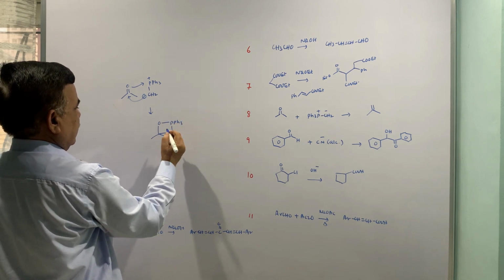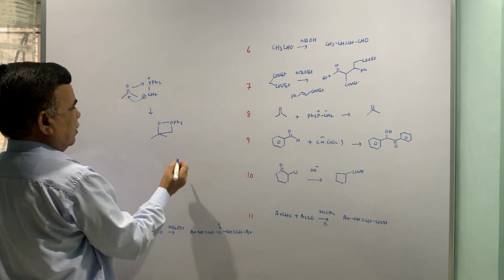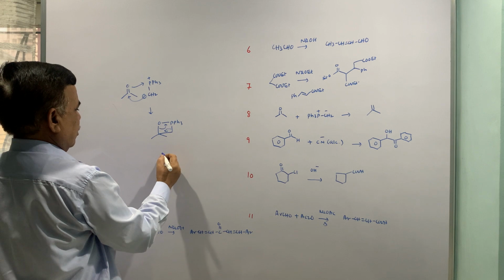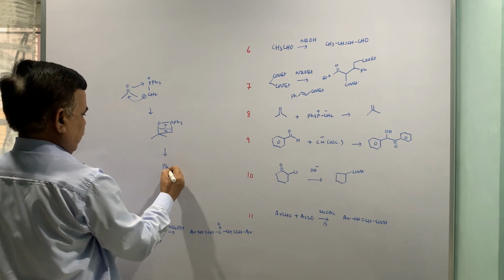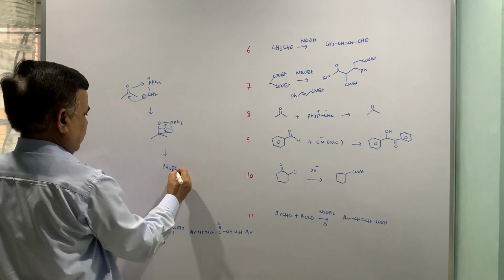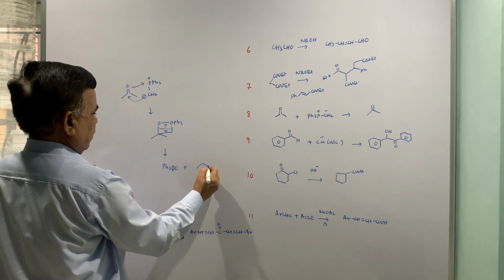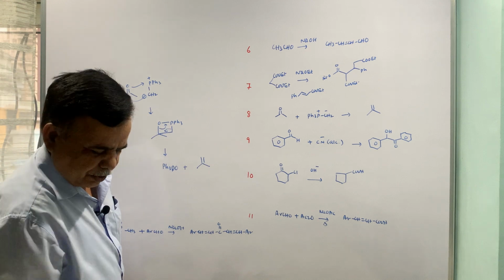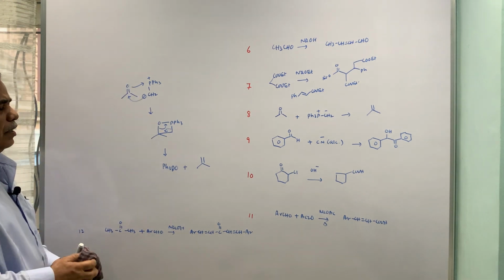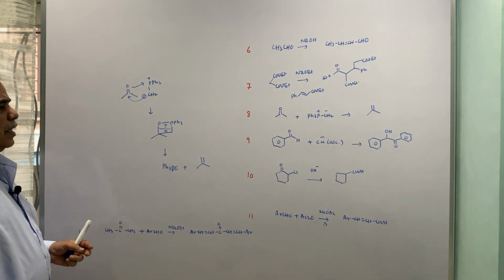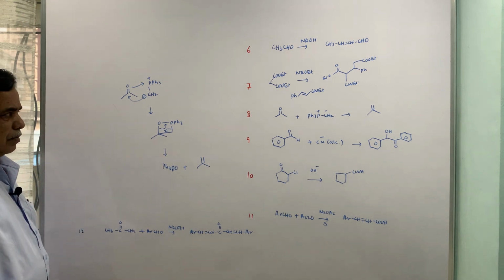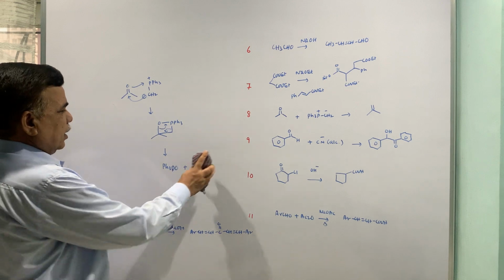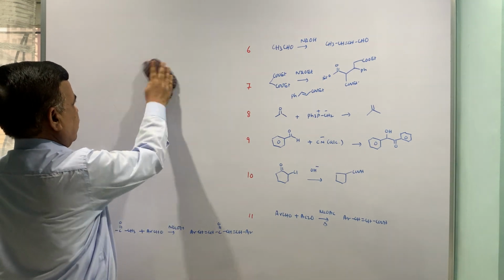So you get the butane intermediate, and then this intermediate collapses into triphenyl phosphine oxide plus the alkene is formed. So this is your classical Wittig reaction, in which the phosphorus ylide is converting the carbonyl into the olefin. So that is your Wittig reaction.